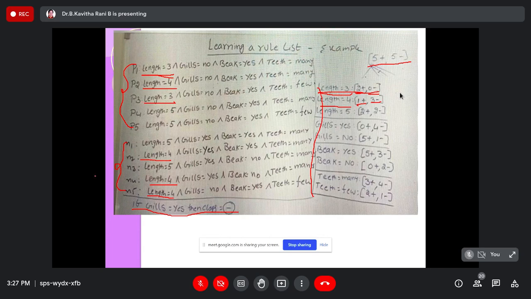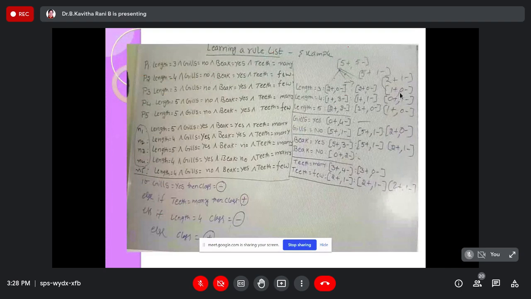Now, what you have to do? Consider this rule. That is, if gills is equal to yes, then class is equal to negative. Okay. Consider this rule with length is equal to 3. If length is equal to 3 and gills is equal to yes, then you have to eliminate that instance. Okay. So then you will get 2 plus 0 minus.